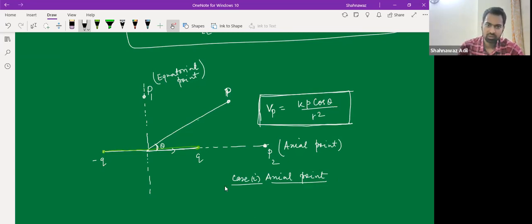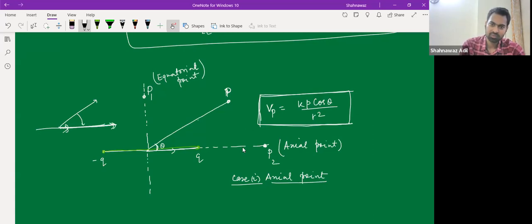You have this line and this is theta. But you drop down this ray and you take it here. So you have this line and you have this line. The lines are the same, but the angle is totally opposite.